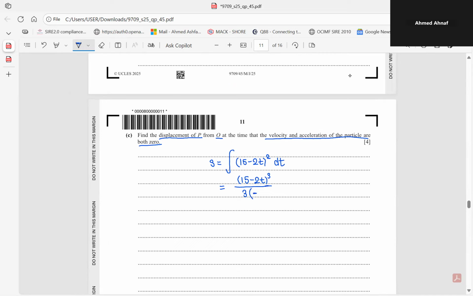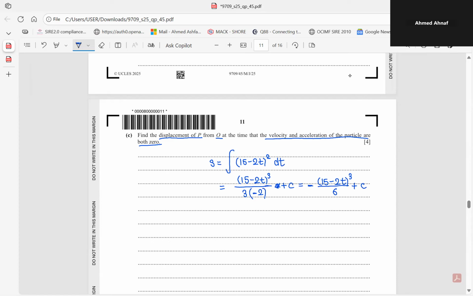In that case, that's just minus 2. Don't forget your plus c. This would give you minus (15 minus 2t) cubed over 6 plus c.